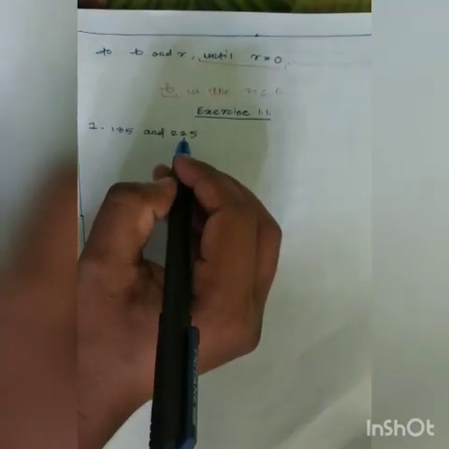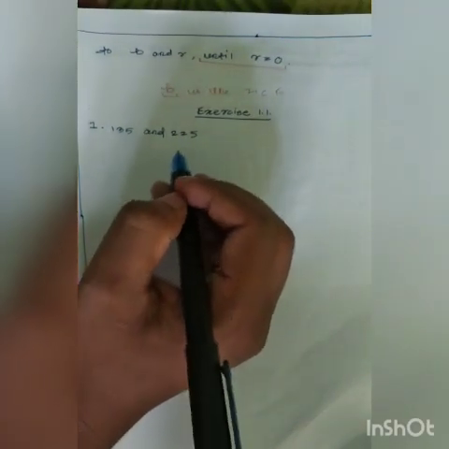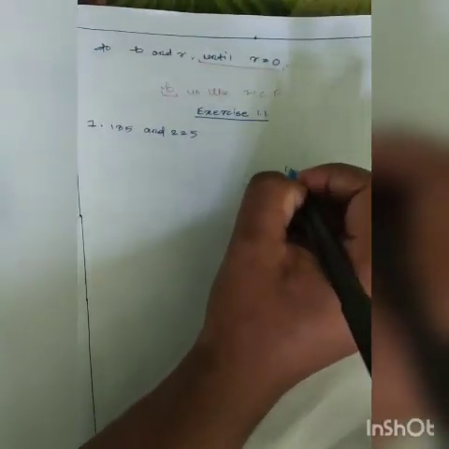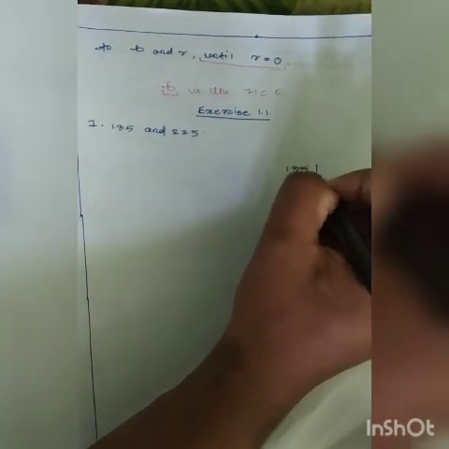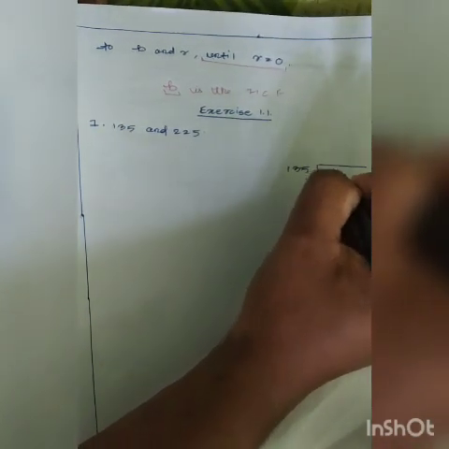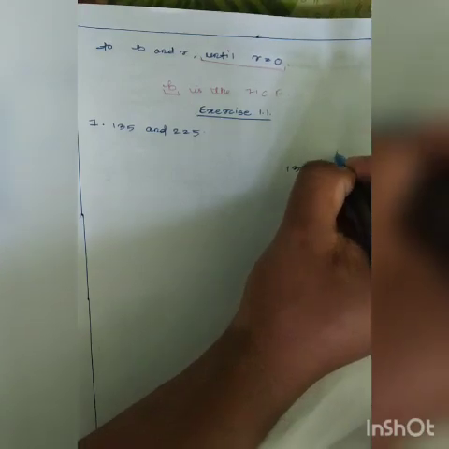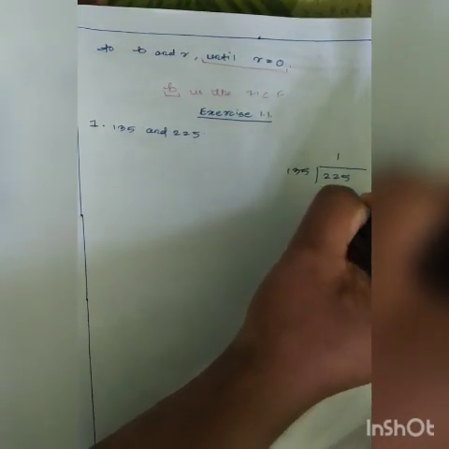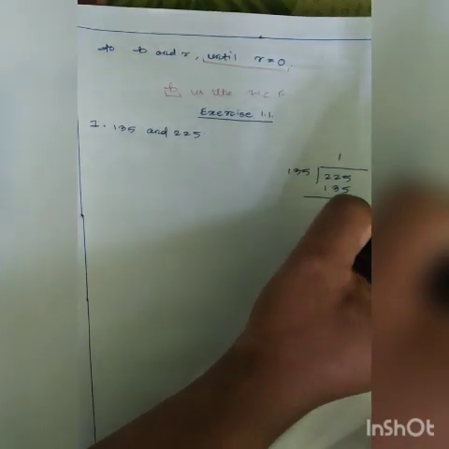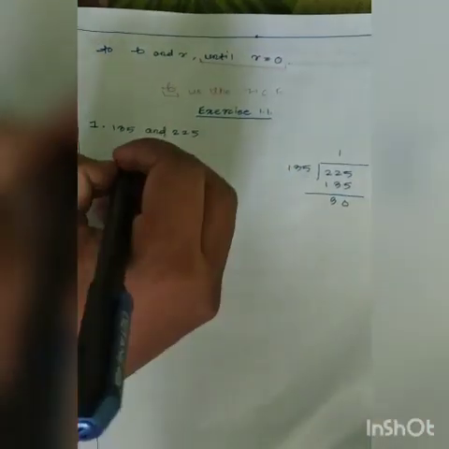Let's start with the first question of exercise 1.1 from the real numbers. As we know, the larger number should be divided by the smaller number, so we do the same. 135 is equal to 90 into 1 plus 45.